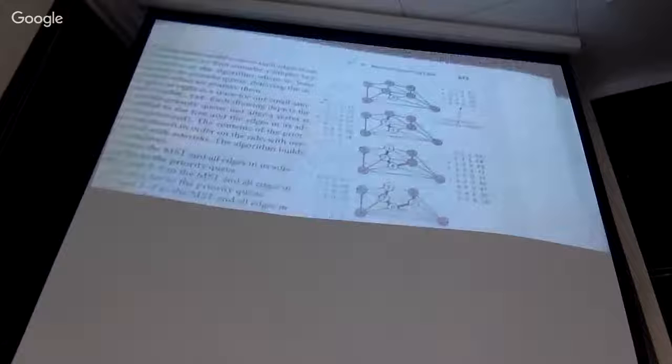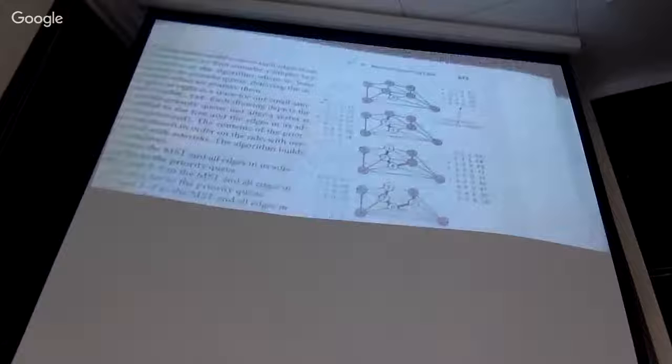So the insertions take place in such a way that the minimum value is at the top. Why would I want that? Whenever I want to add an edge to the priority queue, I add it in such a way that the minimum weight edge is at the top. So it's very easy to get to that one. So this is the example.